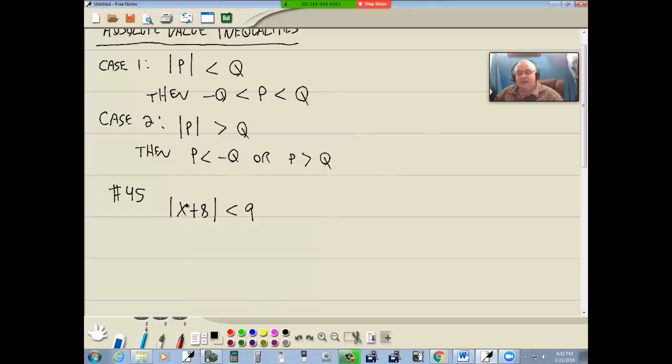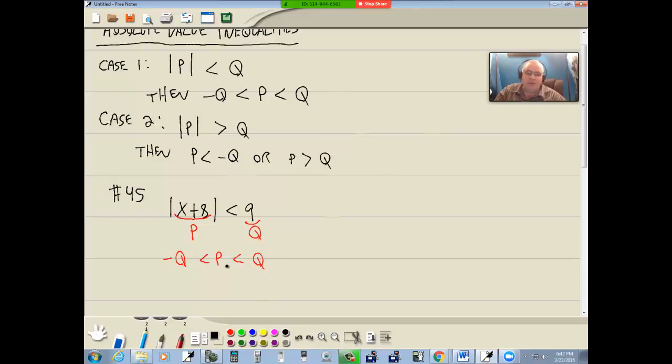When I say by itself, there's nothing in front of it, there's nothing after it, you just simply have the absolute value of something. And when you do, then whatever's inside your absolute value will be your P, and the other side will be your Q. Now this one, specifically the less than case, is case 1, which says after we identified P and Q, we're going to plug it into this formula. So you got negative Q is less than P is less than positive Q.